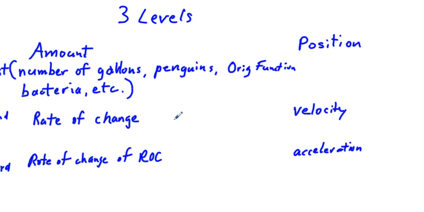And then the second level is going to be called the first derivative. So we take the derivative of our original function, we get the first derivative, and then level 3 is called the second derivative.